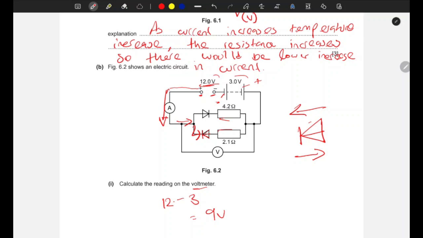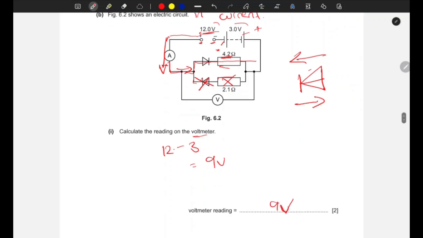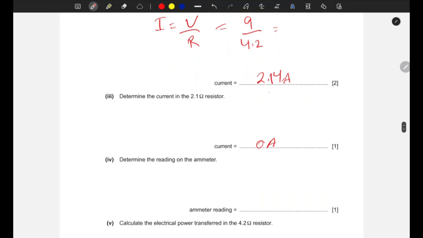But as you can see, current doesn't flow through to the next resistor because of the semiconductor diode. So there's no flow of current here, and we'll just consider this one. That means we have a 4.2 ohm and a 9 volt, so it's going to be the same as this question over here. It's going to be 2.14 amps.